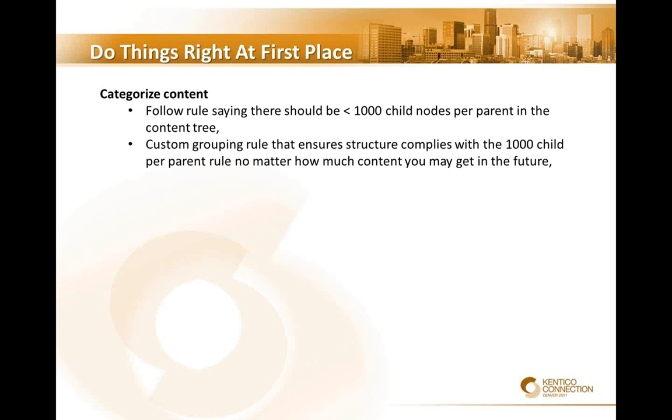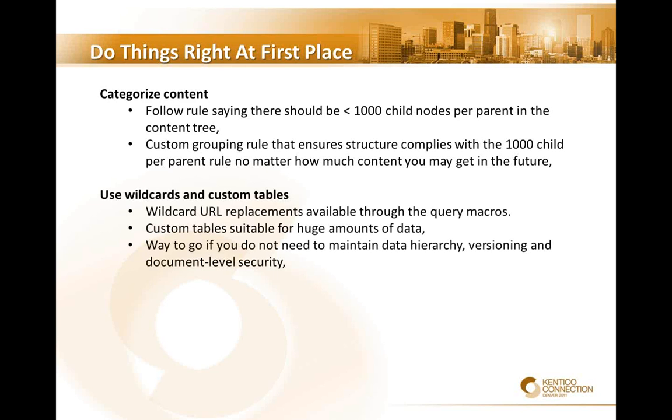Then a few digits identify the customer itself, and then digits that represent the date or something. Using that information, we created a structure that ensures that at no point in the future will there be more than 1,000 child nodes per parent, or at least we have eliminated a huge part of the chance that such a situation could occur. So that's the categorized content rule.